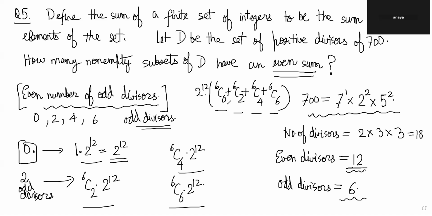You are excluding basically 6C1, 6C3, 6C5. What's the sum of these? 30.